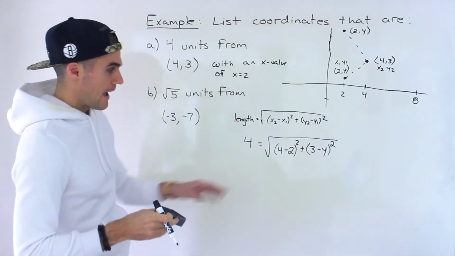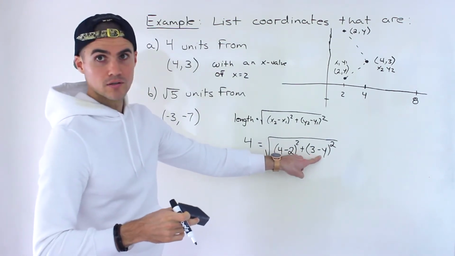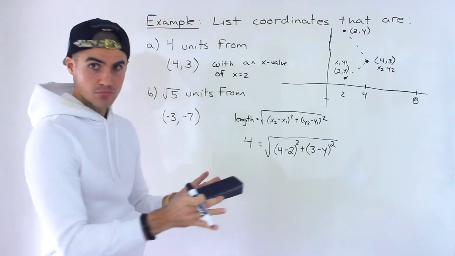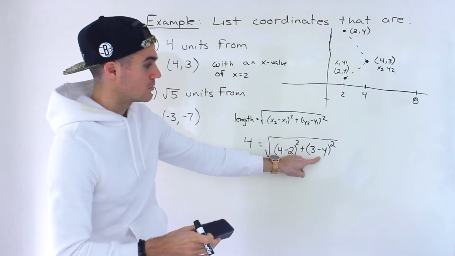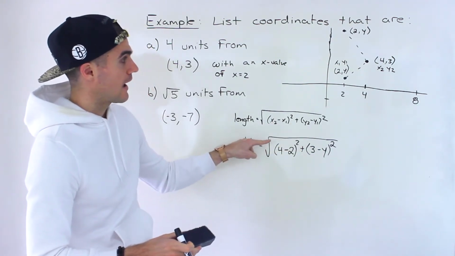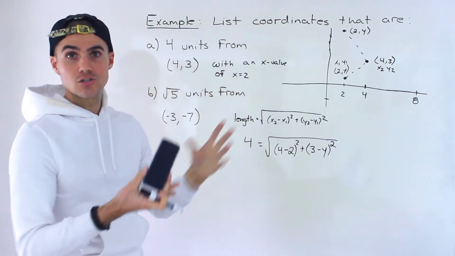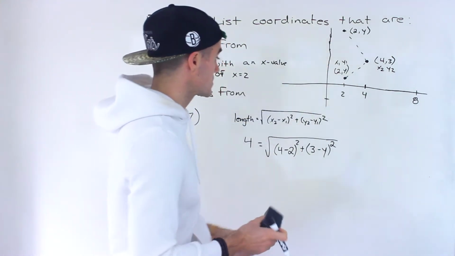Now notice we have an equation with one variable to solve for. There's going to be a lot of algebra to solve for it, but nevertheless, we do have a variable we can solve. When we actually solve this, we're going to get two different y values representing these two different points.